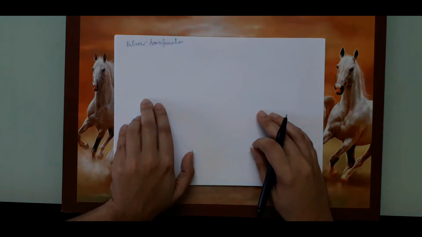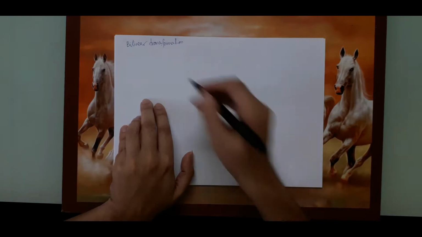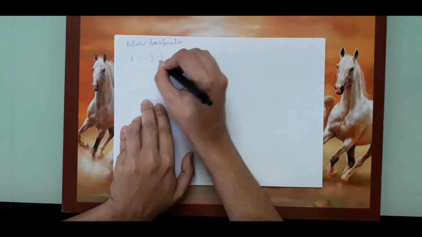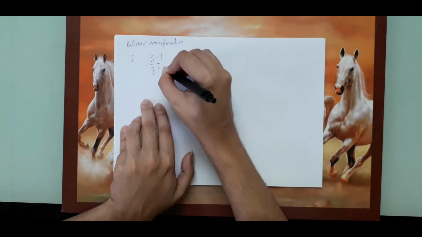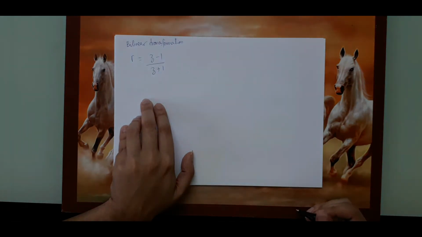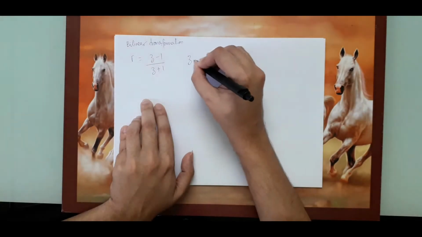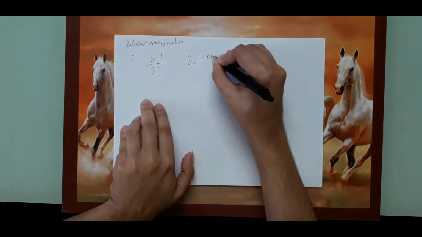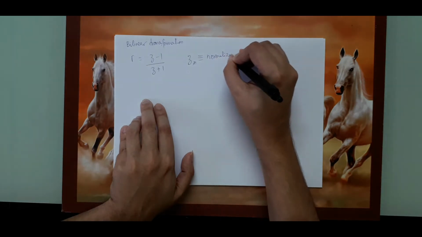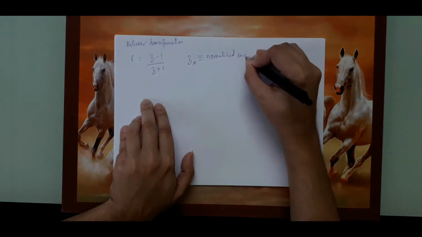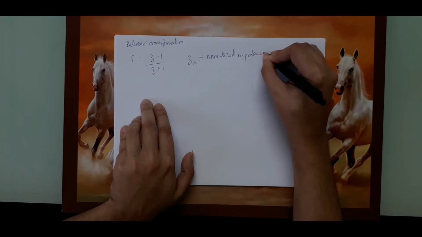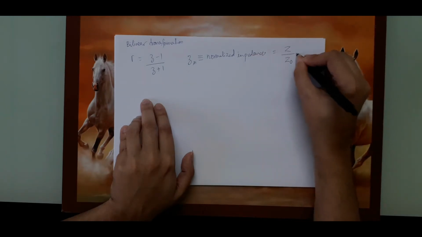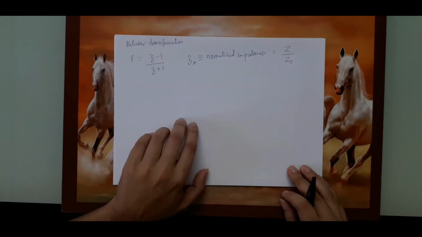from normalized impedances into reflection coefficient, where we defined gamma as small z minus 1 by small z plus 1, where small z is the normalized impedance, which is nothing but the actual impedance divided by the characteristic impedance Z0.